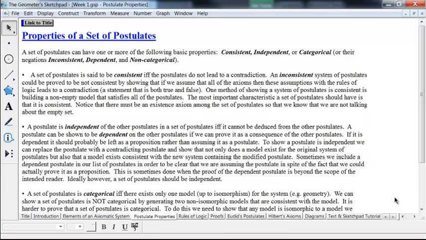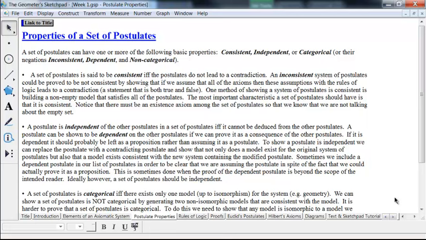then we have shown that it is independent. One of the big themes of this course is the people trying to prove Euclid's fifth postulate. If they could prove that, then they would show that that postulate was dependent on the others.